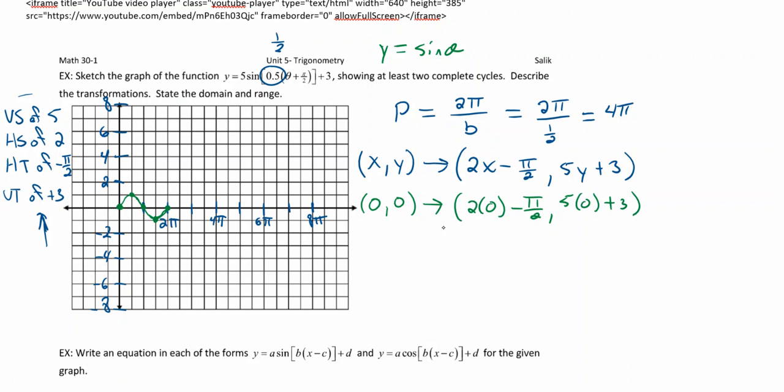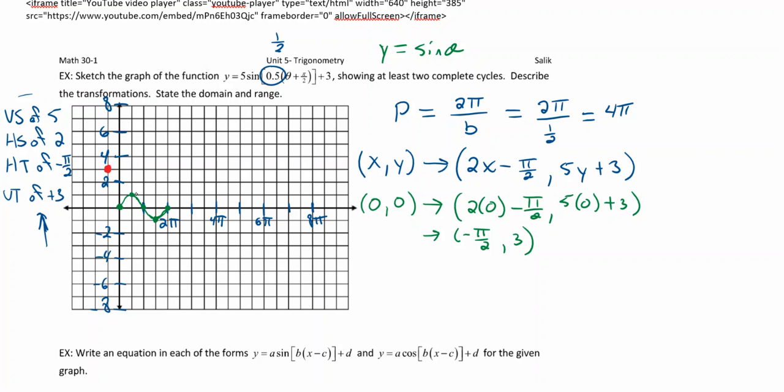So this point is going to move to negative pi over 2, comma 3. All right, so negative pi over 2, that's just going the other direction, right? So pi was 2 blocks, so pi over 2 would just be 1 block to the left, and then we're going to go up 3. So that point is now there, okay?